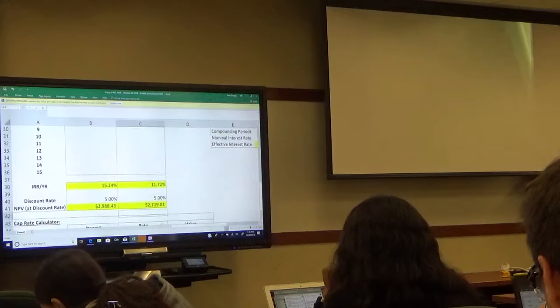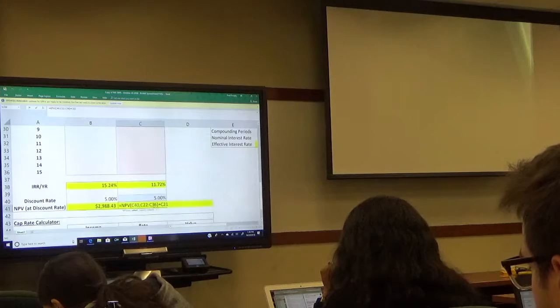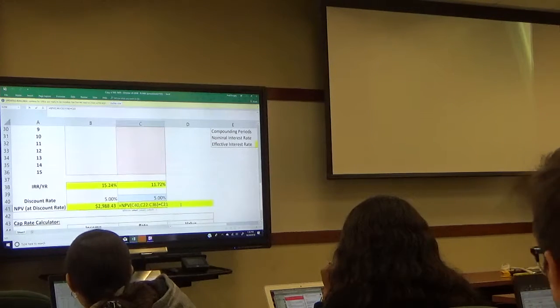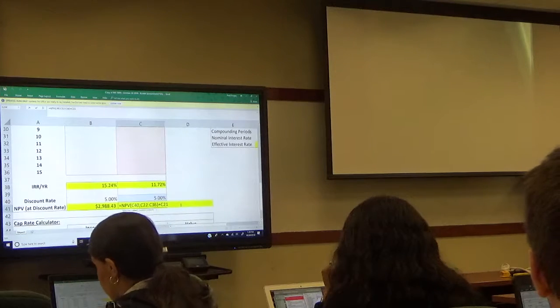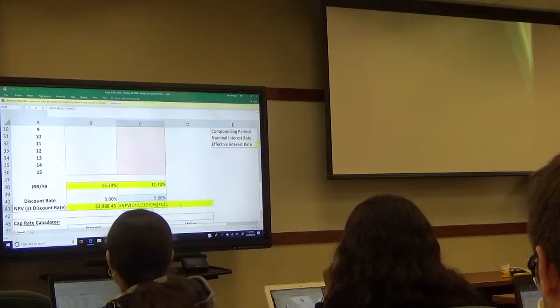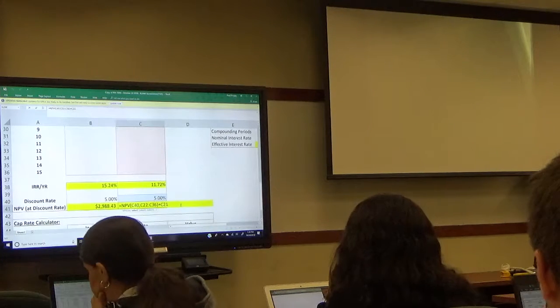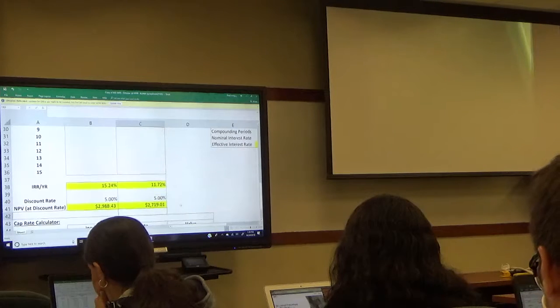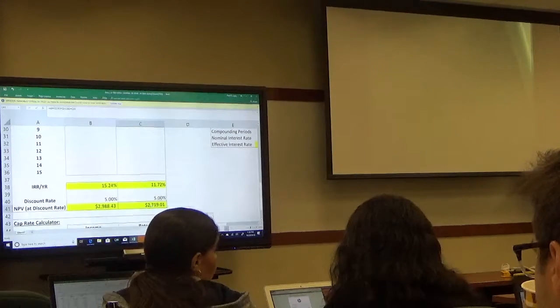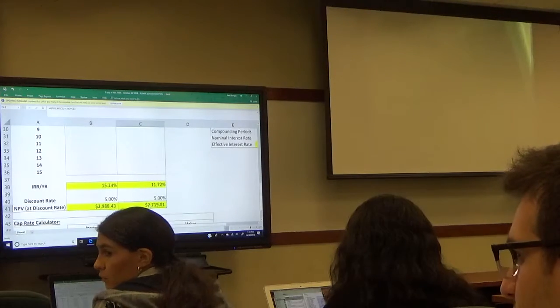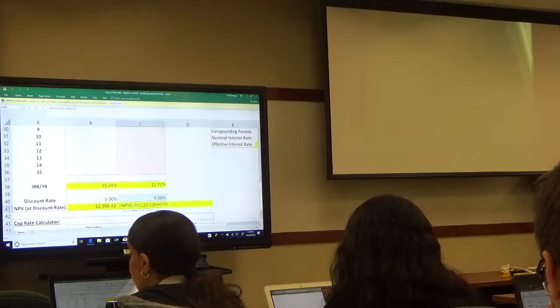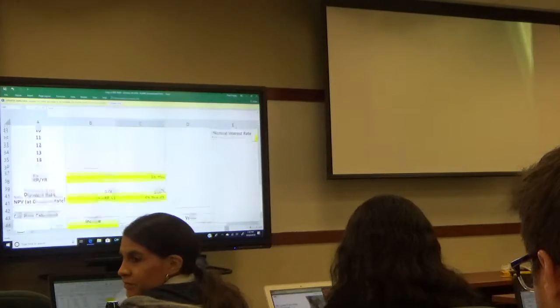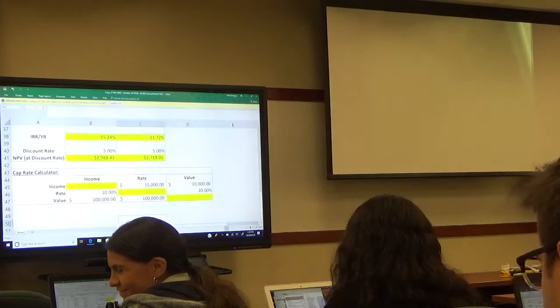And then for the NPV, it is going to be NPV, open parentheses, C40, comma, C22, colon, C36, close parentheses, plus C21. You can just drag the one, but that's not the point. Part of it is repetition. What was the last one? Plus C21, thank you.